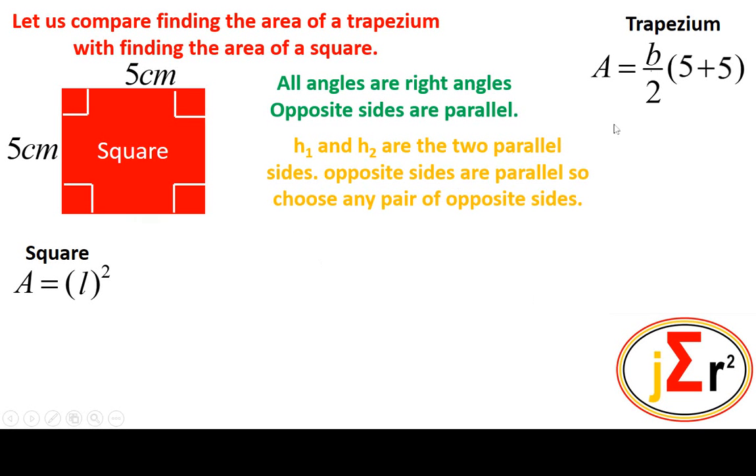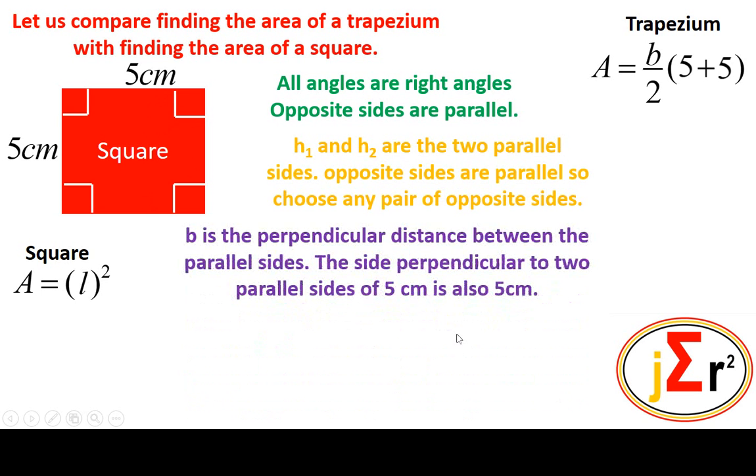That will be H. H is required to be perpendicular to the two sides that we have chosen. H is the perpendicular distance between the parallel sides. The side perpendicular to the two parallel sides of 5 centimeters is also 5 centimeters. This side is 5 centimeters. It is perpendicular to the other two sides that we have chosen. So it may take its place right there.